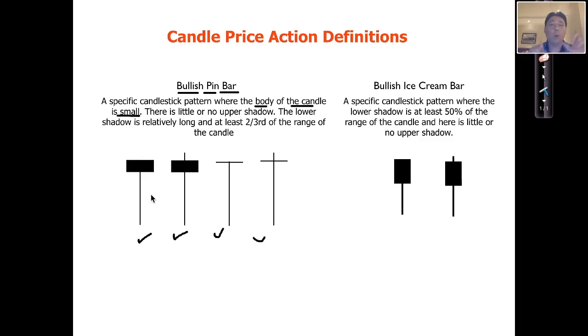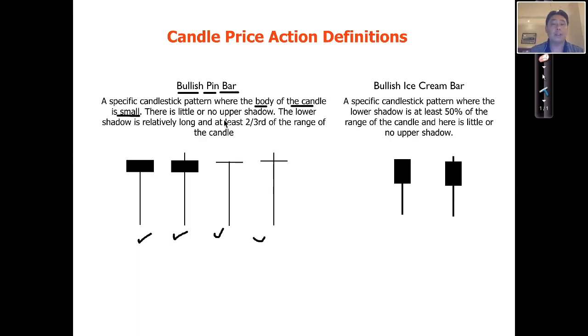All four of them qualify to be bullish pin bars. Why? Because they have very small candle bodies in relation to the entire range, right? And you can see that in these two cases, the candle body is just a line, right? Because the opening price and the closing price is the same price, so it's just a line.